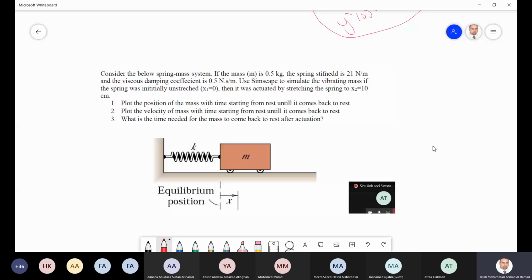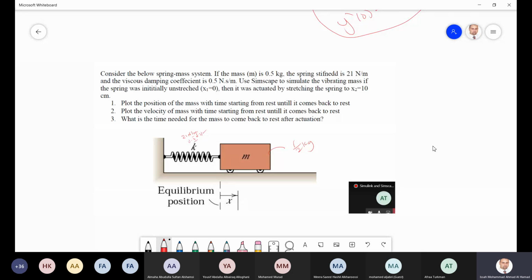We have properties for the mass, half kg. So mass is half kg. We have properties for the damper or for the spring. It is 21 Newton per meter stiffness, and it is 0.5 Newton second per meter damping coefficient.